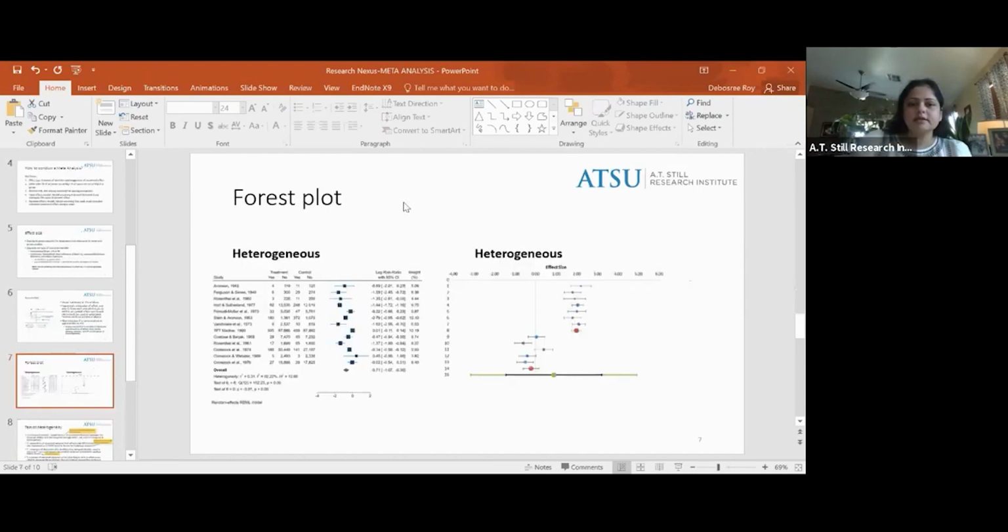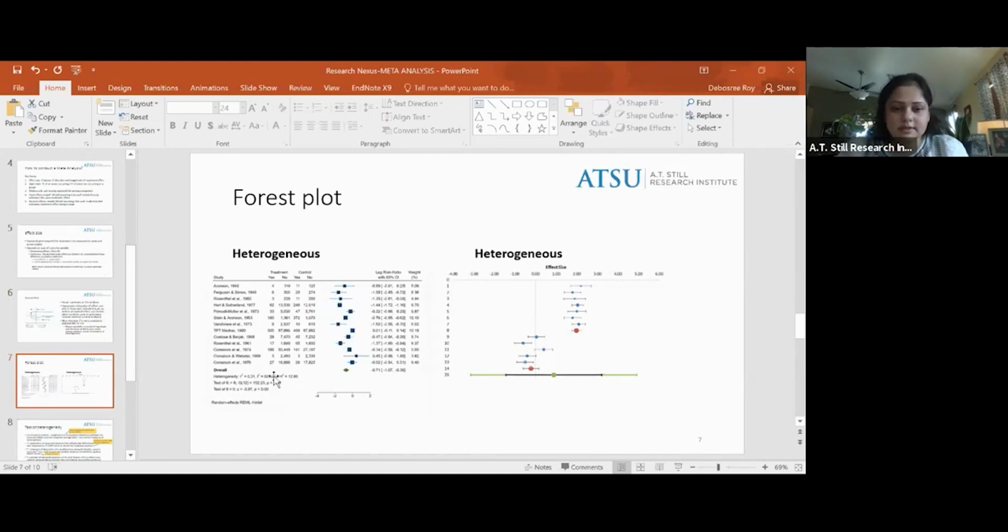So these are two examples of a heterogeneous forest plot. The first one has the test statistics that help you decide on heterogeneity. For example, here you have the chi-square and the I-square statistic. I-square is 92%, so that is very highly heterogeneous.